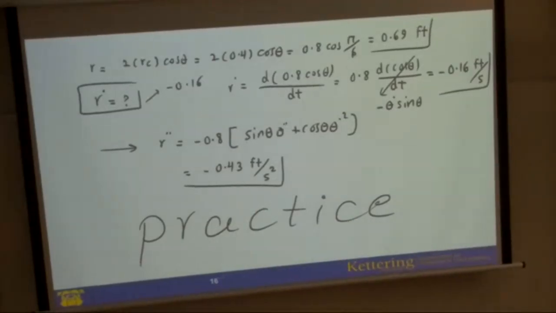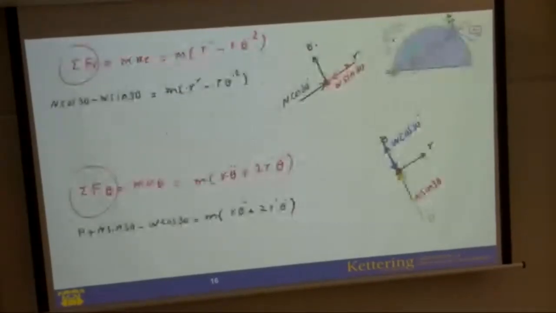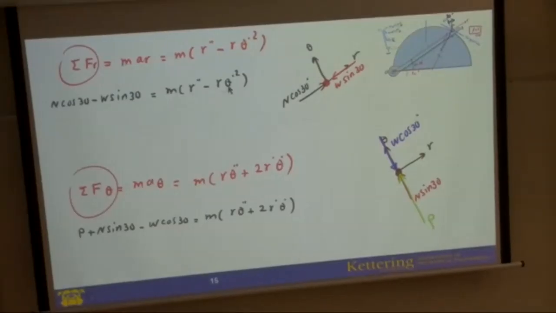Then if you put it in here, this acceleration will be incorrect, minus 1. Then you will find the normal force incorrect, minus 1. Then you put this one into this one, minus 1. You will find the P incorrect number, minus 1. At least 5 points out of 20 with one small mistake.